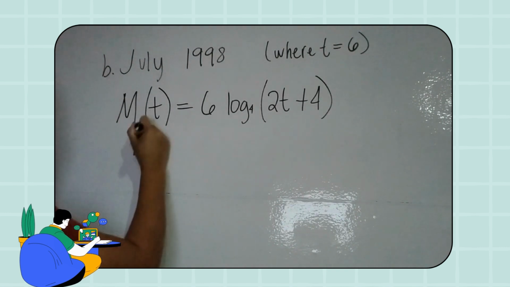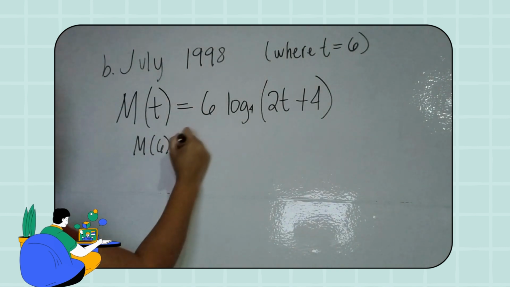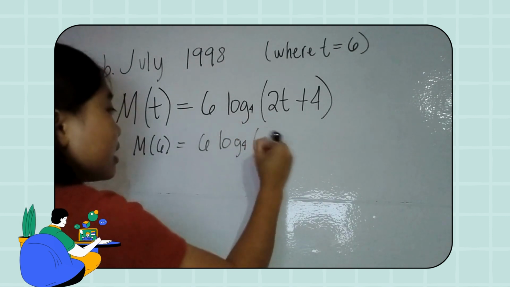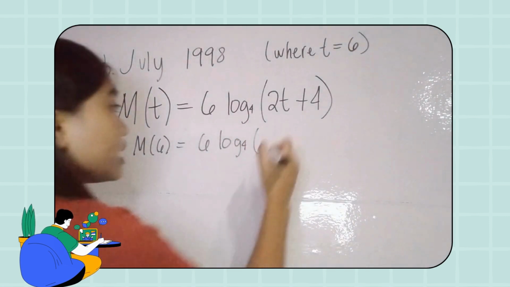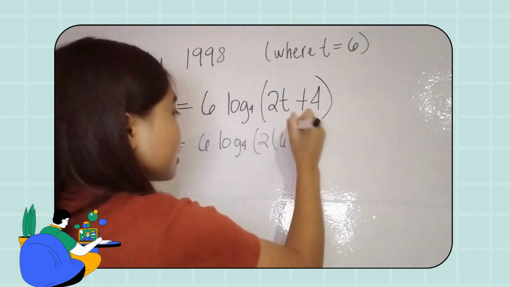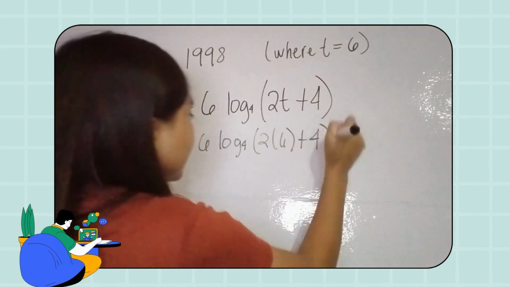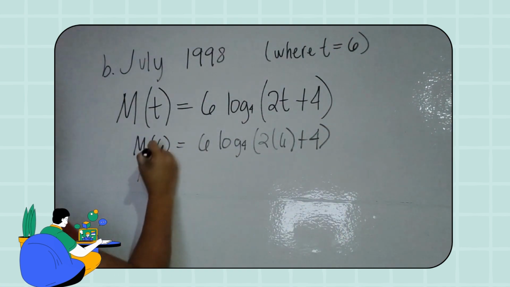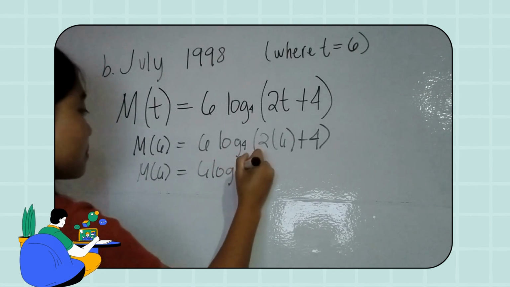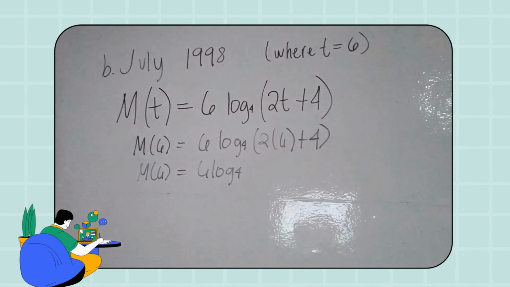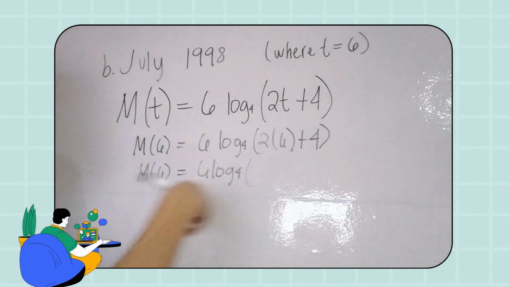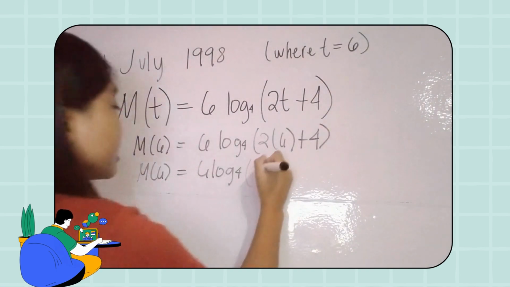So we have here m of 6 equals 6 times the logarithm base 4 of the quantity 2t, in which t will be replaced with 6, plus 4. Let's simplify the equation. We have m of 6 equal to 6 times the logarithm base 4 of 2 times 6, which is 12, plus 4, which is 16.